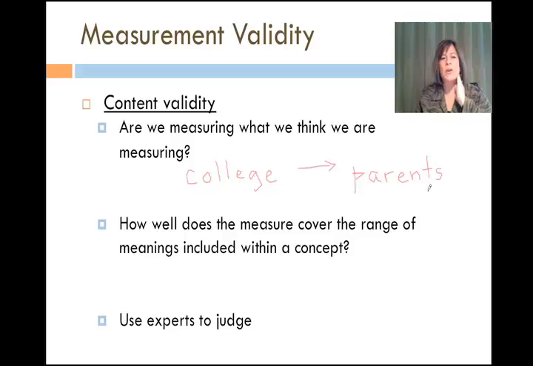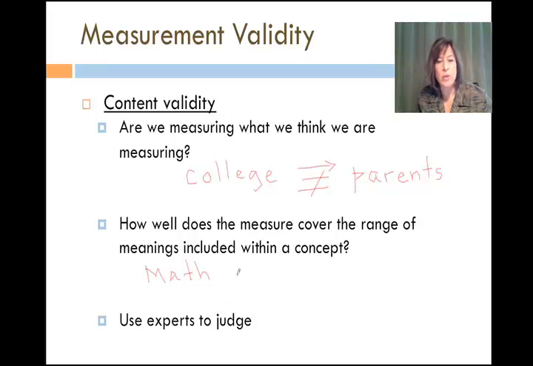Content validity is also about whether or not we are measuring the range of a concept. So let's say we have a math test and we're trying to measure mathematical ability. And that's going to be dependent upon who our sample is. Are we looking at elementary students? Are we looking at high schoolers? Are we looking at college students?